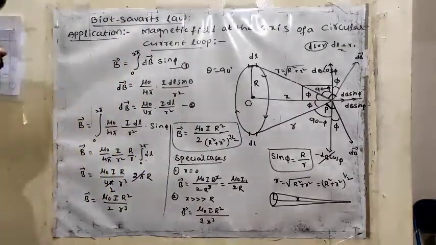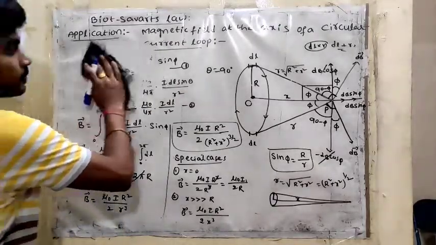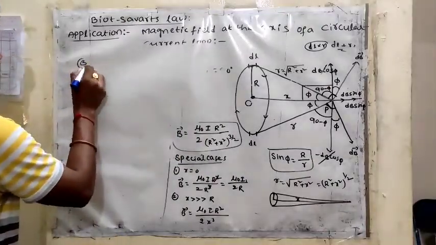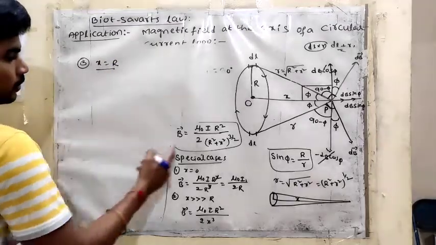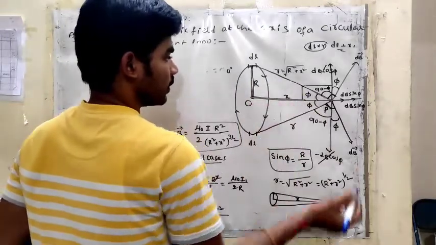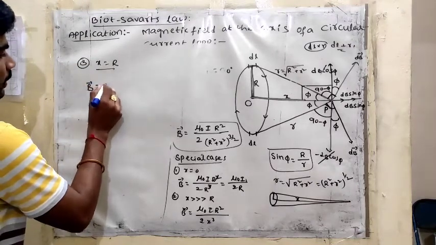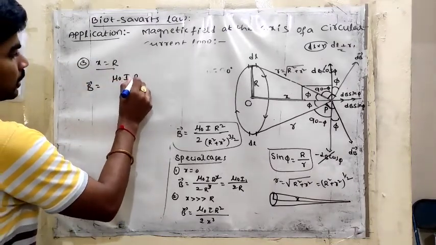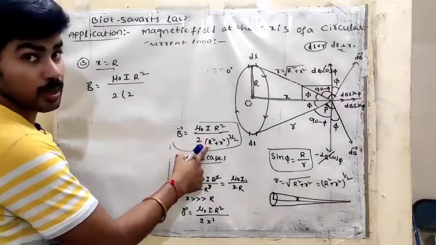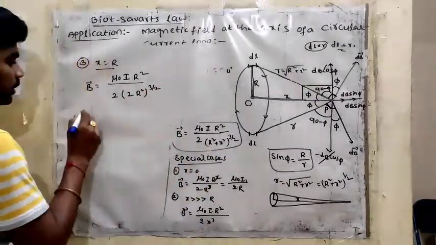And one more condition, third one. Suppose x is equal to r, both are equal. So the radius of the circular loop and the axis distance where we are calculating the magnetic field are equal. X is equal to r, in that case magnetic field B bar is equal to mu naught I r square by 2 into, since x is equal to r, 2r square, so 2r square whole power 3 by 2.